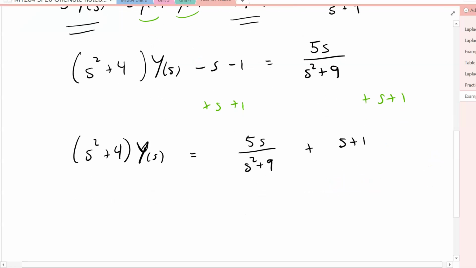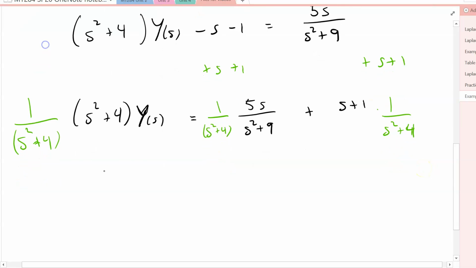Next, to isolate, we need to do the division. What we're going to do is multiply both sides by 1 over s squared plus 4, which is equivalent to dividing both sides by that quantity. We've got to do that to each term on each side. Again, that's like dividing by s squared plus 4.